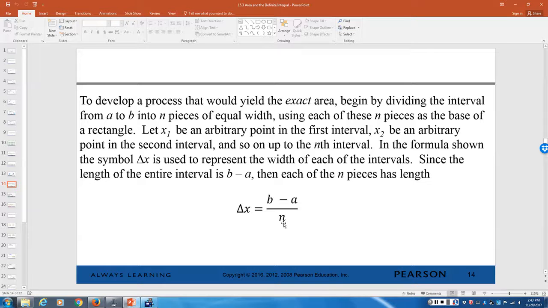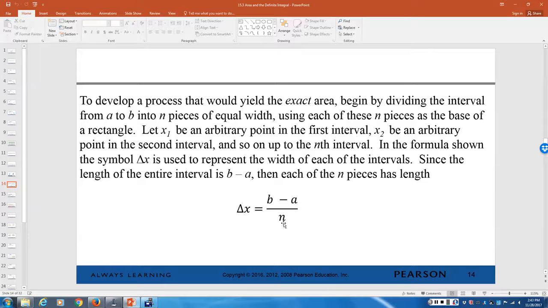Now, if you only change x by 1, the estimation is not very good, because that's 1 rectangle, 1 unit wide. If you make your rectangle a half a unit wide, the estimation gets better. If it's a fourth of a unit, it gets better still. If it's a hundredth of a unit, it gets really good. If it's a thousandth of the interval, then it gets practically indistinguishable from the real thing.